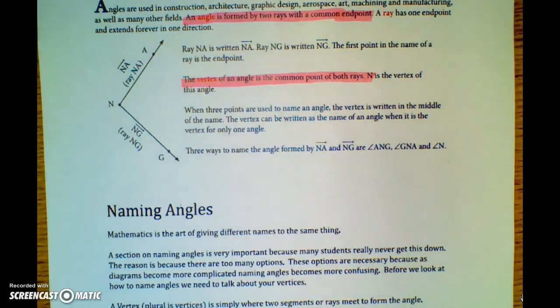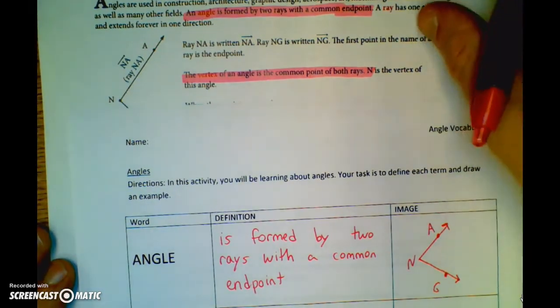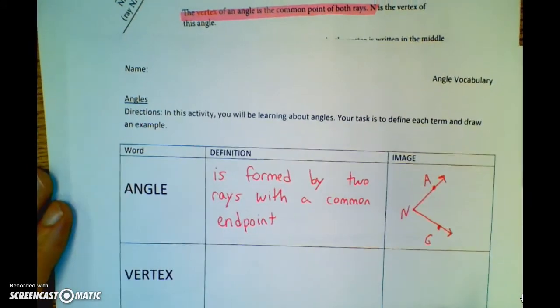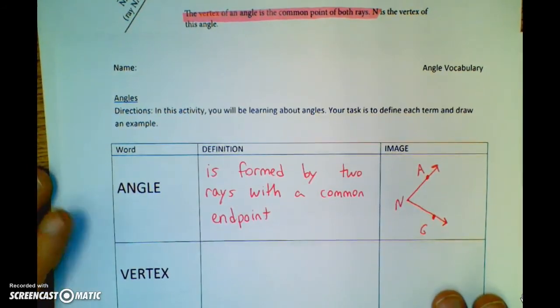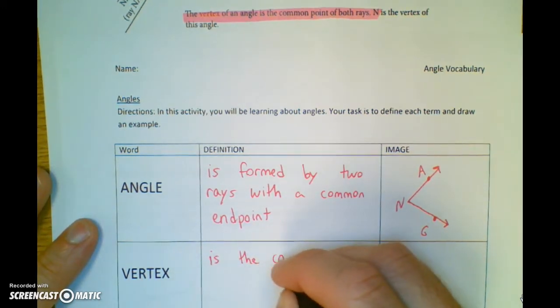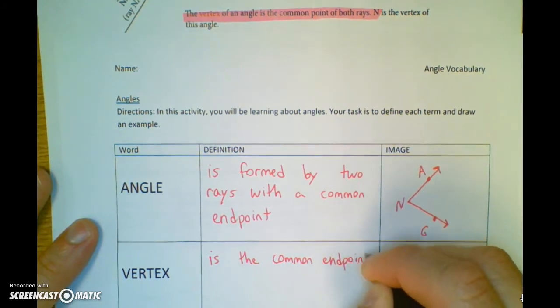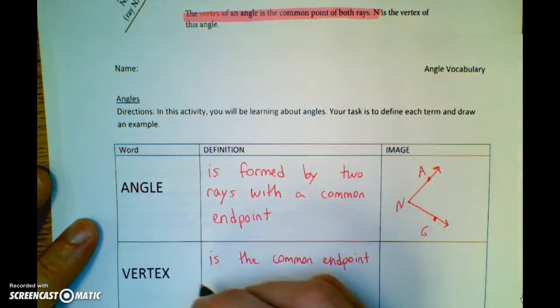And I'm going to write that down for my vocab for vertex. So the vertex of an angle is the common endpoint of both rays.